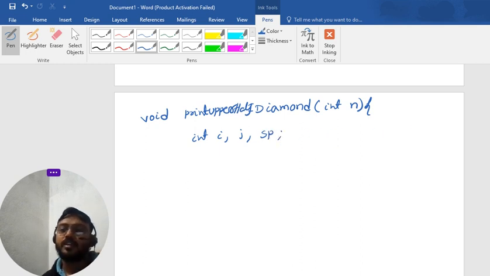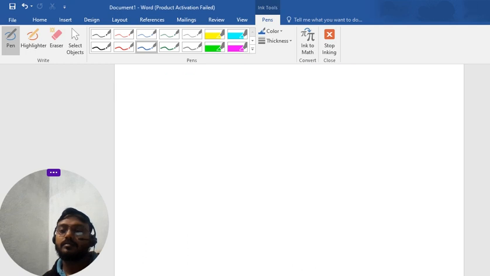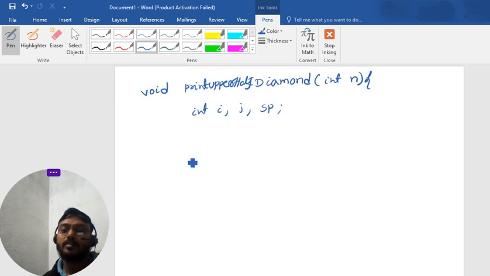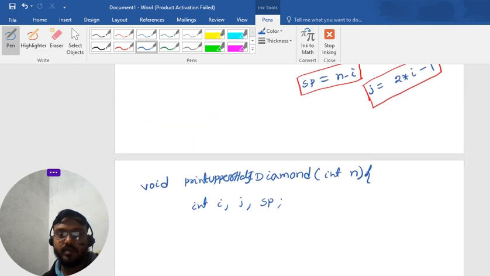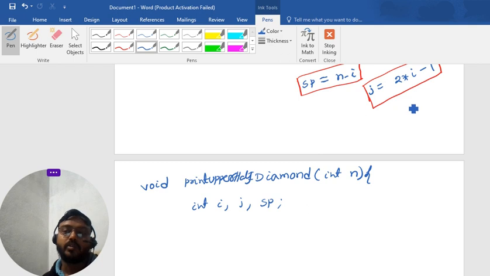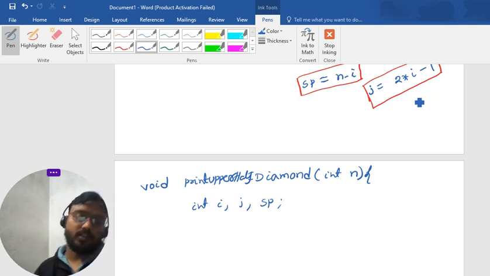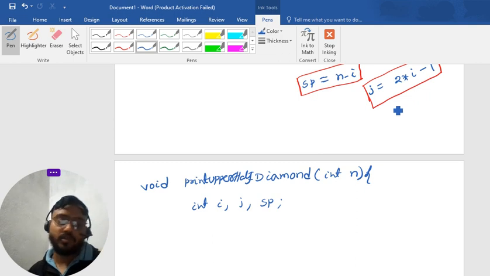Now I know the relationship, right? I need at least two different loops, we can say three different loops. One for the rows, one for the space, one for printing the star.